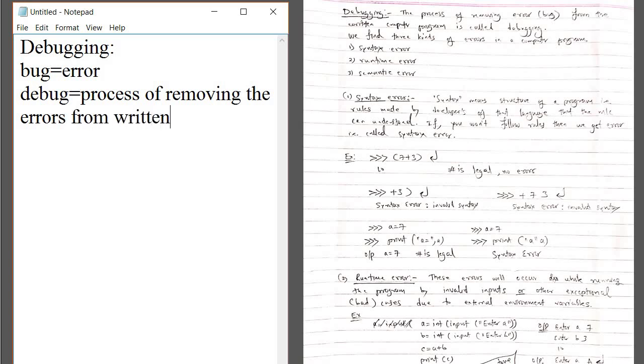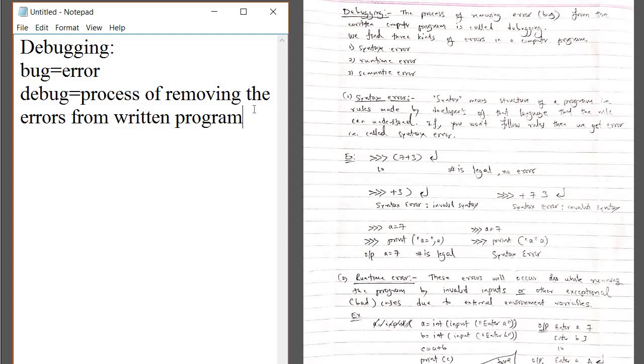That is what we call debugging. I hope now you understood what is debugging. Debugging is the process of removing errors, means bugs, from the written computer program. This process is called as debugging.